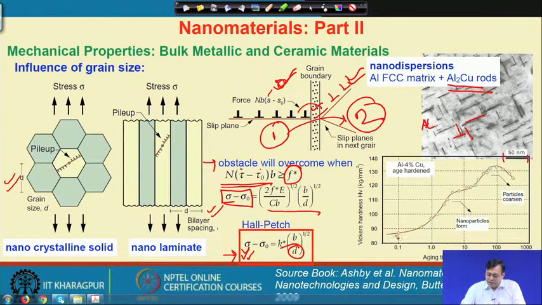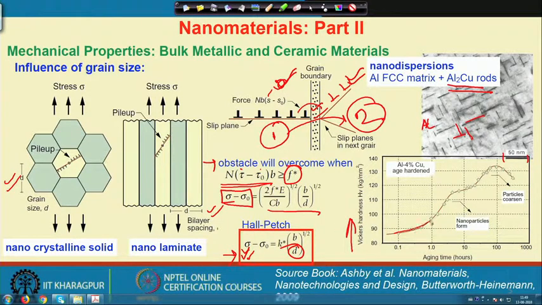Here people already found that the Vickers hardness, which is a measure of strength, increases when these nano rods form, and during coarsening it also gives an effective strengthening, where you get an optimized situation where the interparticle distance and the diameter of these rods are optimum.